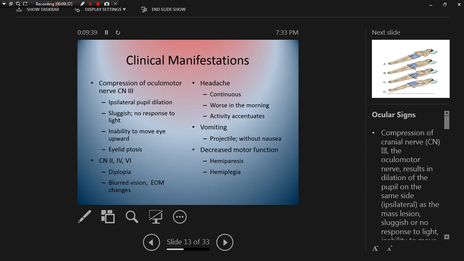So some of the clinical manifestations that we're going to be looking at: if cranial nerve 3, the oculomotor nerve, has some compression, we might see ipsilateral pupil dilation on the affected side of the brain.